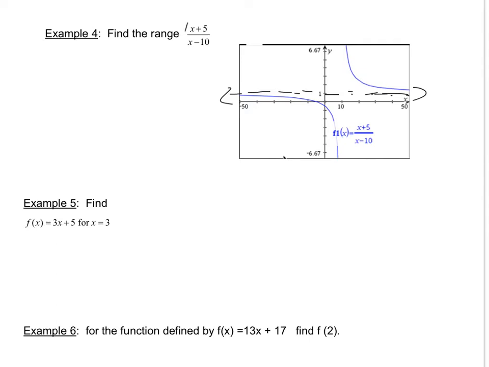Or see how these are the lead coefficient divided by the lead coefficient. They're the same. And what's 1 divided by 1? 1. So y equals 1 is the horizontal asymptote. So that means the range is all real numbers except y does not equal 1. Okay, we'll talk about that more in class if we need to.